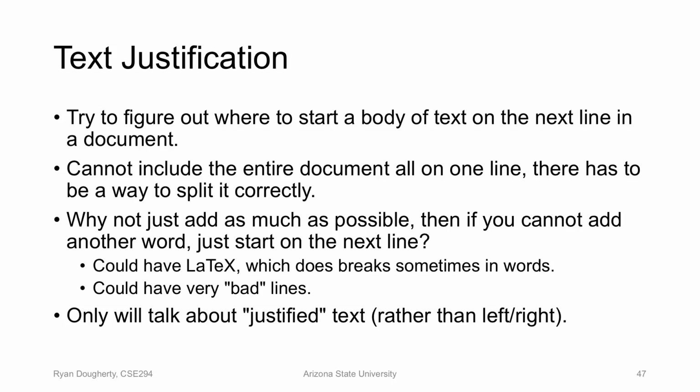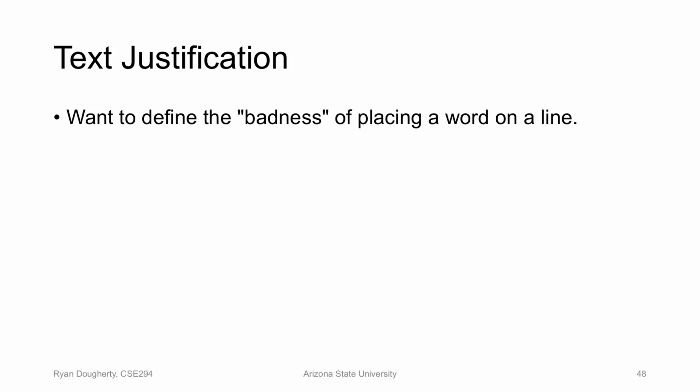We only talk about justified text, so left flush, right flush. It's uniform on both sides. So we want to figure out what is the badness of placing a word on the line. If it's getting really close to the end of a line, or if it goes over the line, then we want the badness to be really high, right? And if there's a lot of room still left, then we want the badness to be low.